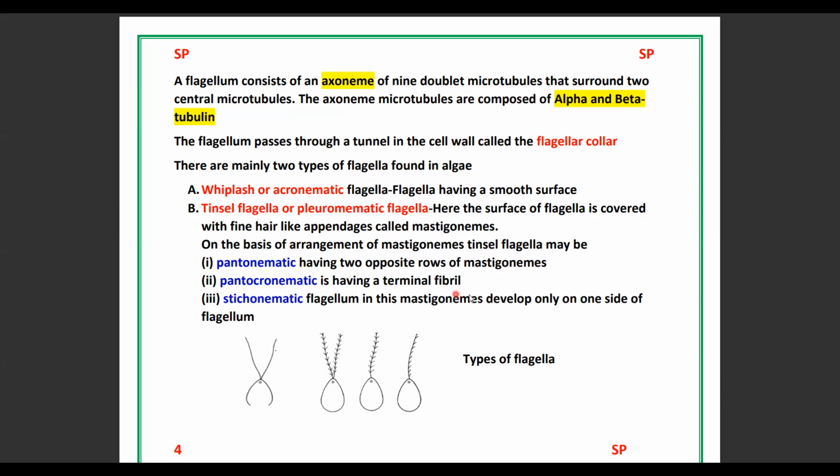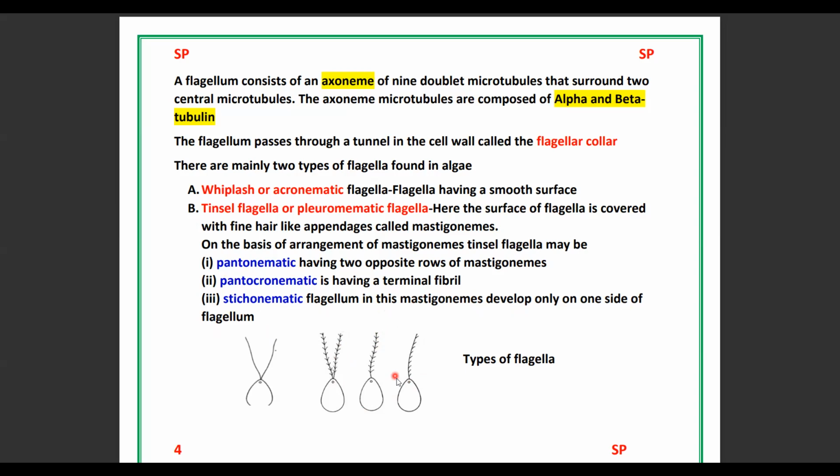Pantacronematic has a terminal fibril. So on the flagellum, at the tip part, a fibril is also present. The ones ending with a terminal fibril are called pantacronematic. And in the stichonematic flagellum, the mastigonemes develop on only one side of the flagellum.